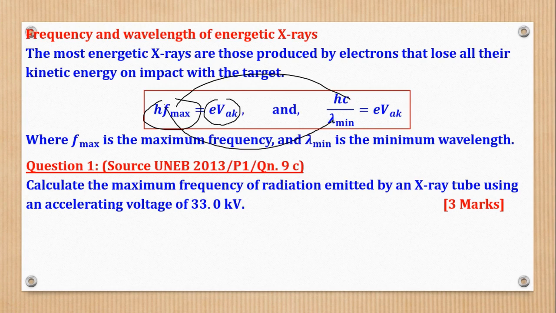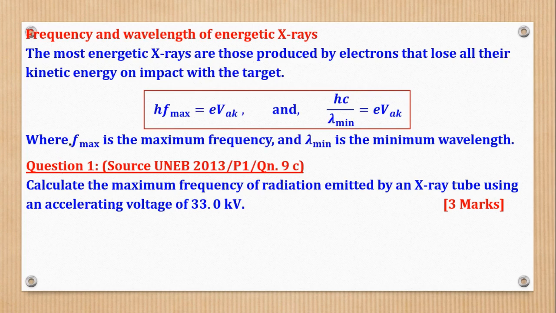Remember, frequency is equal to c over wavelength, where c is the speed of light in vacuum. h is a constant called Planck's constant. We already saw this under photoelectric emission. So if you have not yet watched that video, I encourage you to first watch it so that you can easily follow this part.